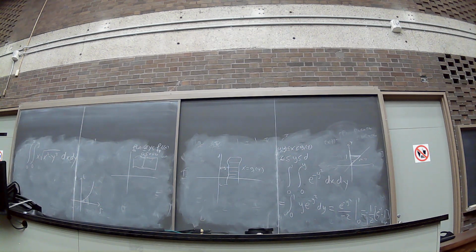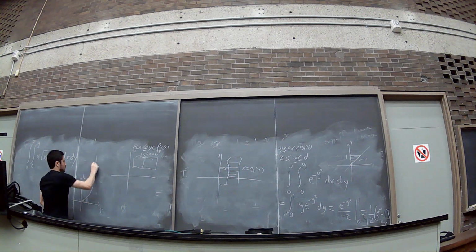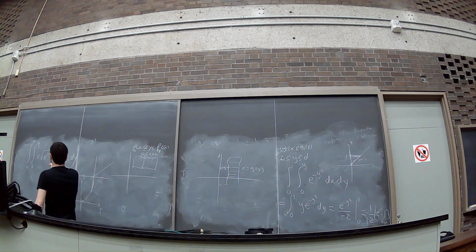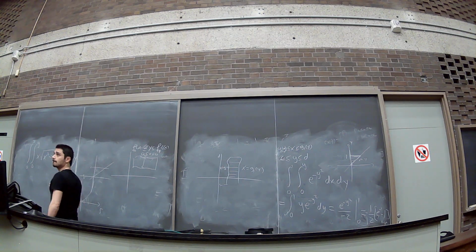How do you sketch the region of integration? What line do I have to draw? The line x equals y, which is here. Great. And x is from 0 to y, so I'm here, and y is from 0 to 2. Right? Are we good? Is sketching this okay?